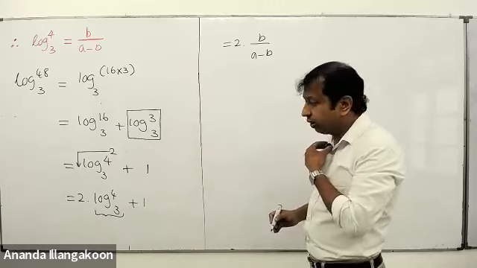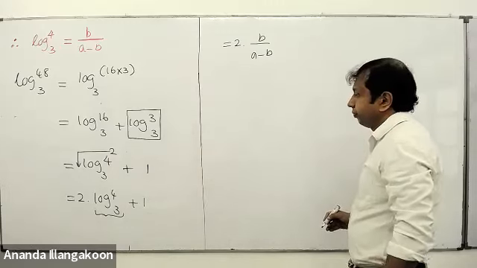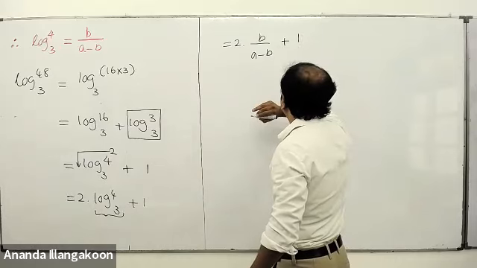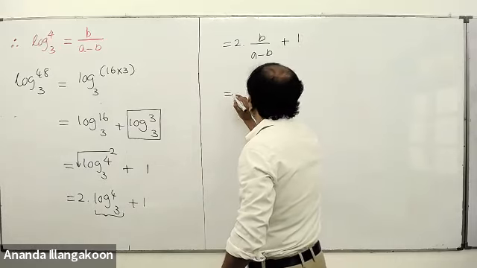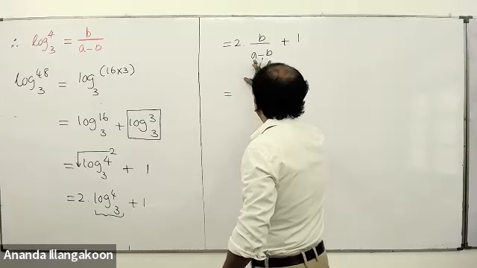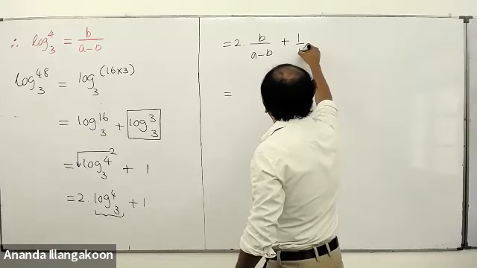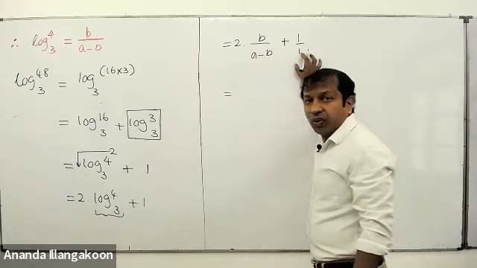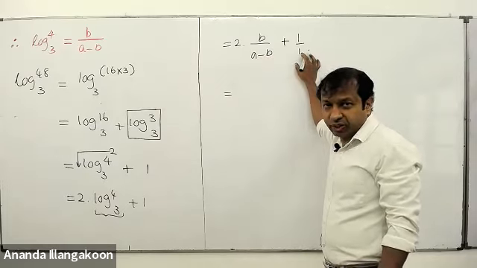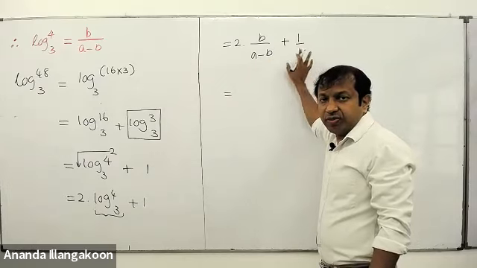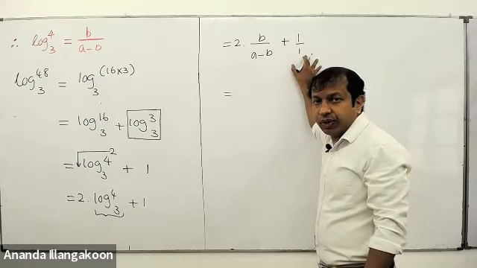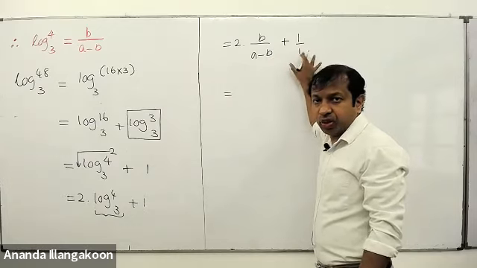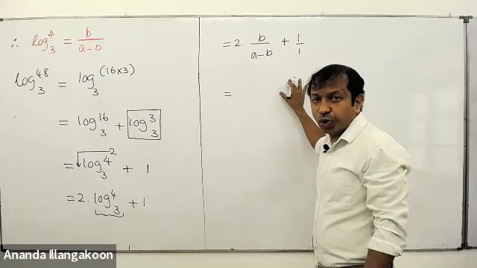Correct, no? Plus 1. Now, people, how to simplify here? This 1 has a denominator 1, no? Then for this a minus b and this 1, the common denominator is a minus b. That is coming by the product of this and this. a minus b into 1 means a minus b. Common denominator is a minus b.